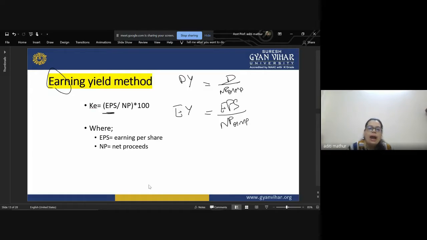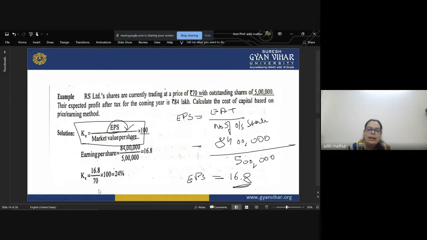And now we will implement this into our formula to calculate KE with the help of the price earning method. So now our KE will be equal to 16.8 divided by 70, because the current trading price or the market price is 70, into 100, which is equal to 24%.